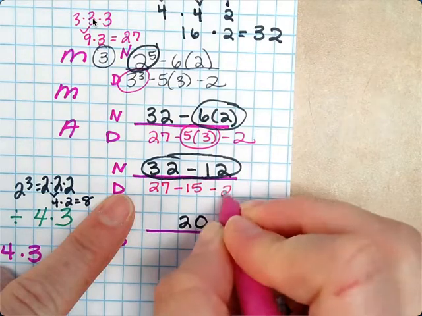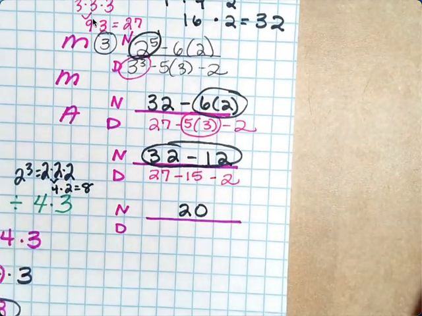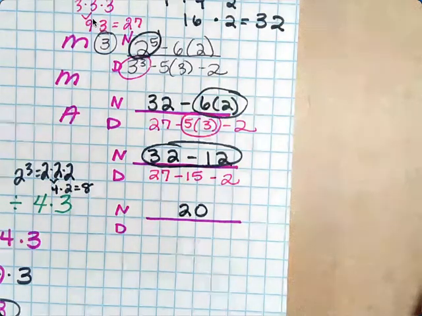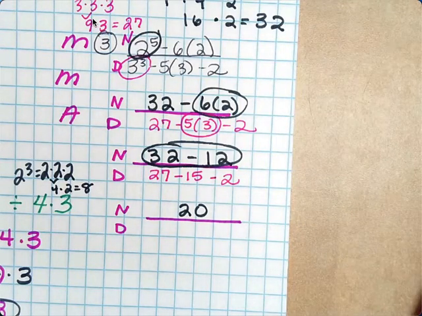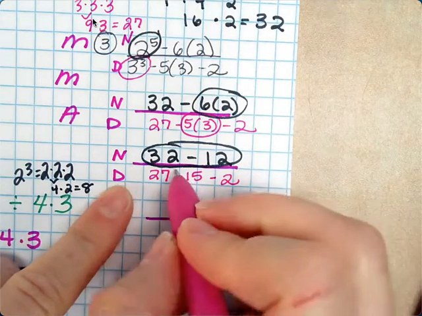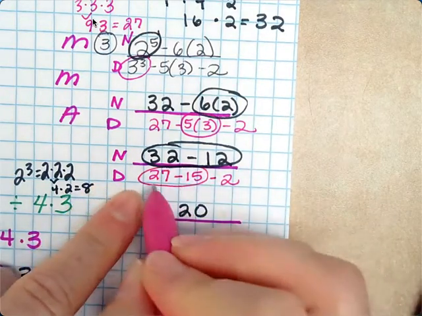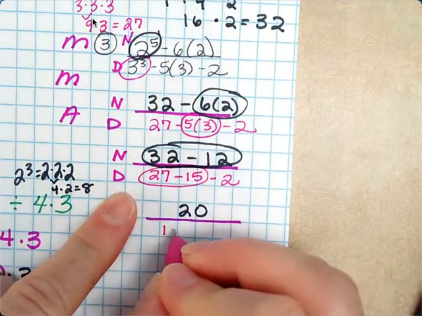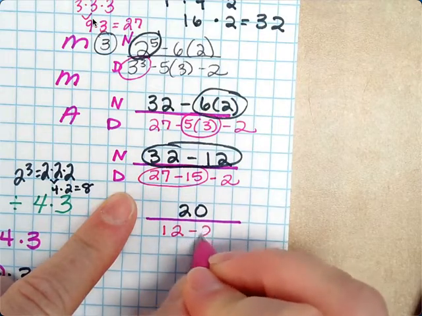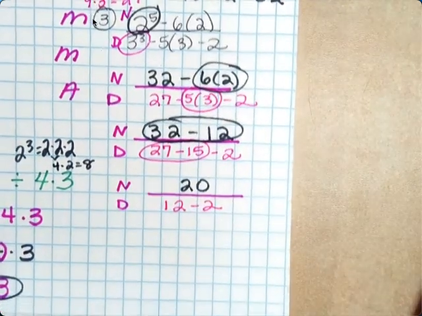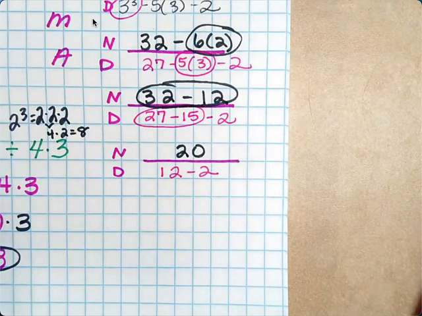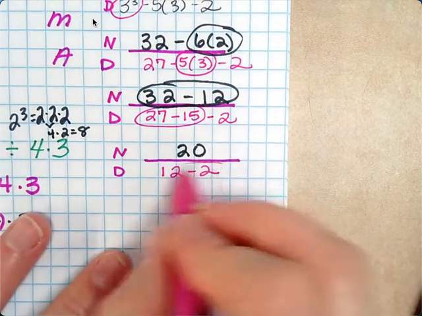And then minus 2. What's next? Subtract 27 minus 15. Is 12. Minus 2. Yep, and that is 10.